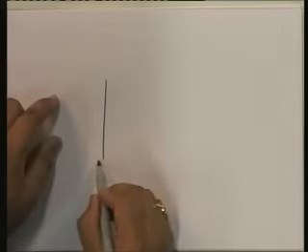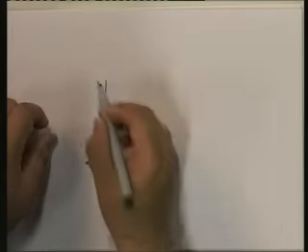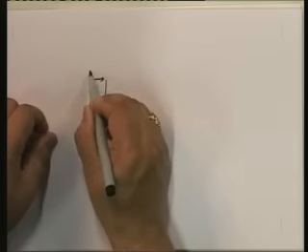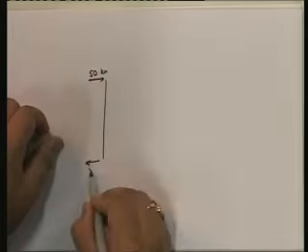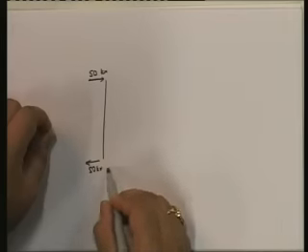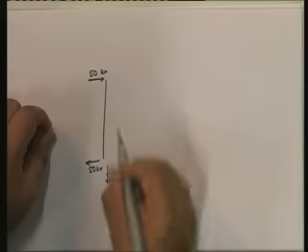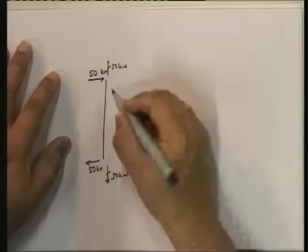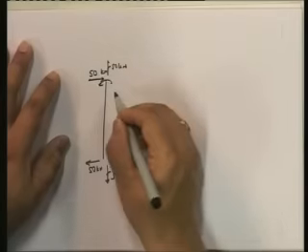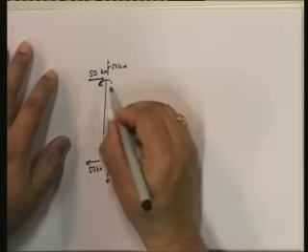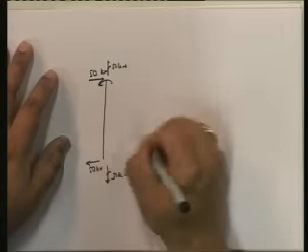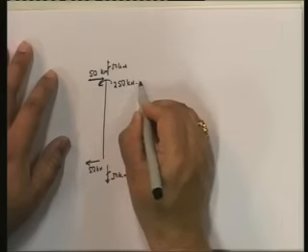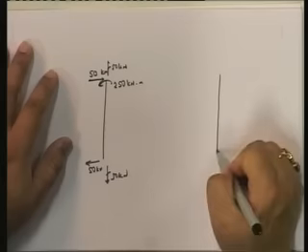This is 50, this is 50, and here this is 50. On this side it is going to be 50, so the moment over here is going to be in this direction, and it is going to be equal to 250 kilonewton-meter.